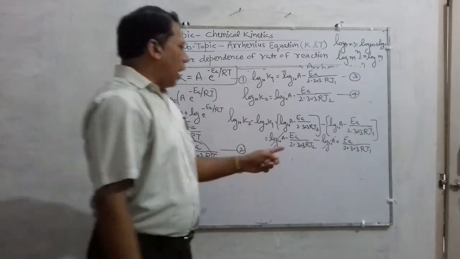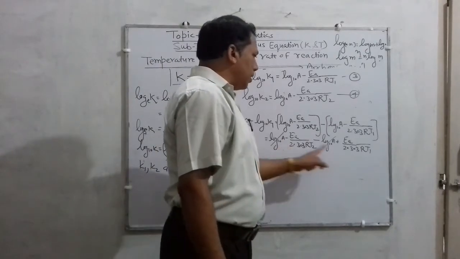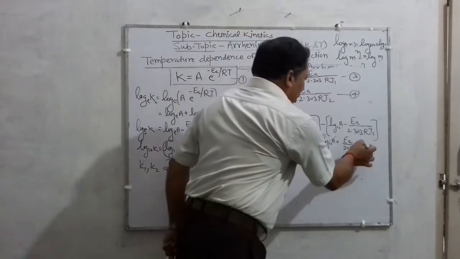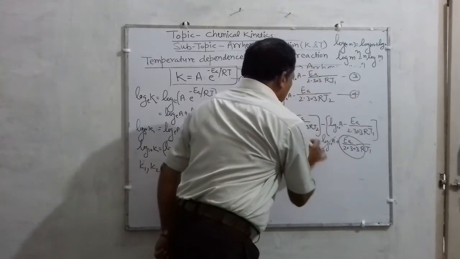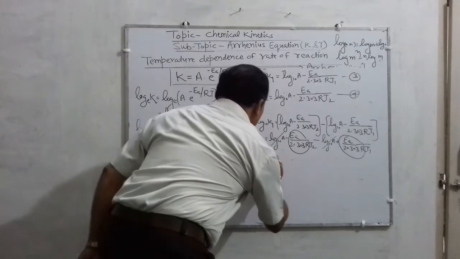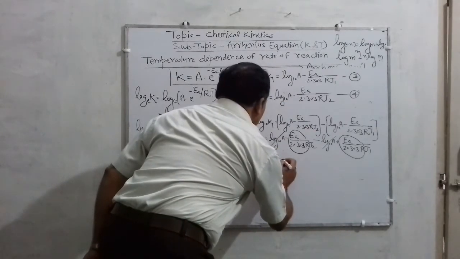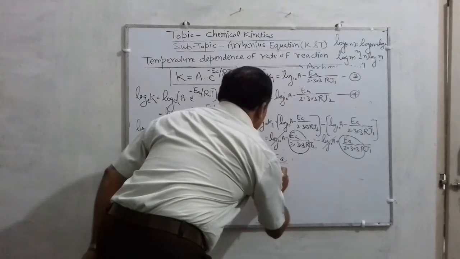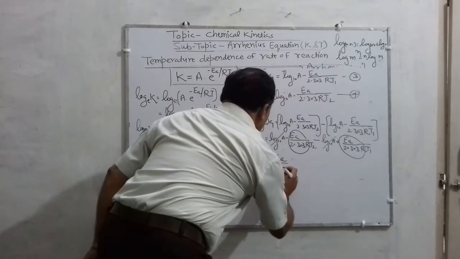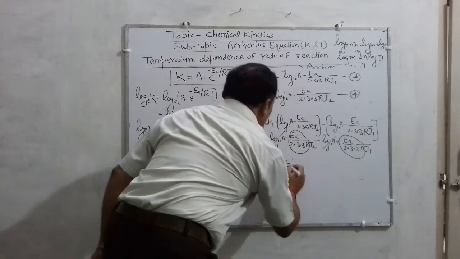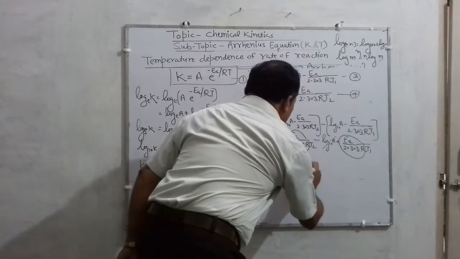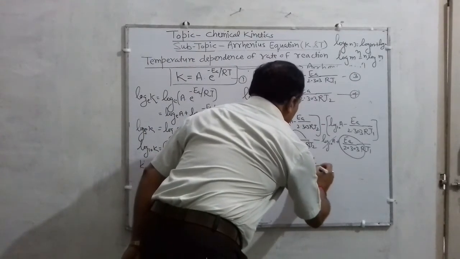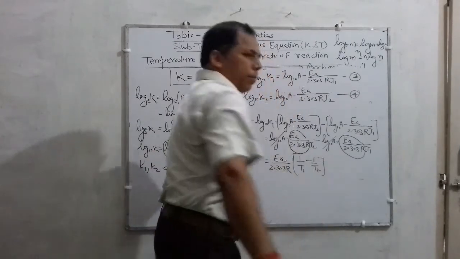Am I right? And here it is a minus, here it is a plus, and this quantity in both, children, is common. So take common E_a divided by 2.303 R, and the rest is 1 upon T1 minus 1 by T2.